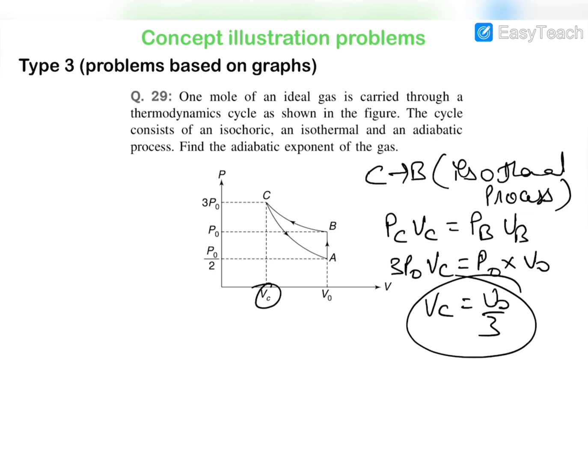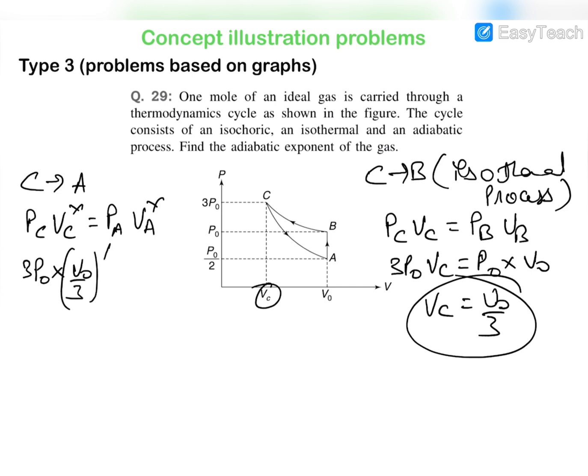Now for C to A, let us apply PCVC to the power gamma is equal to PA VA to the power gamma. So PC is 3P naught, VC is V naught by 3 to the power gamma, and PA is P naught by 2, and VA is V naught to the power gamma.